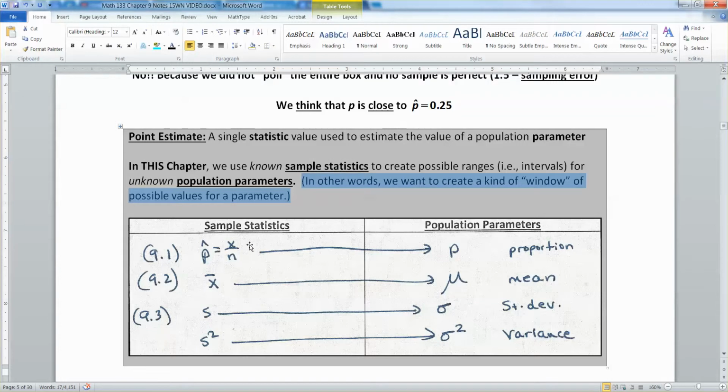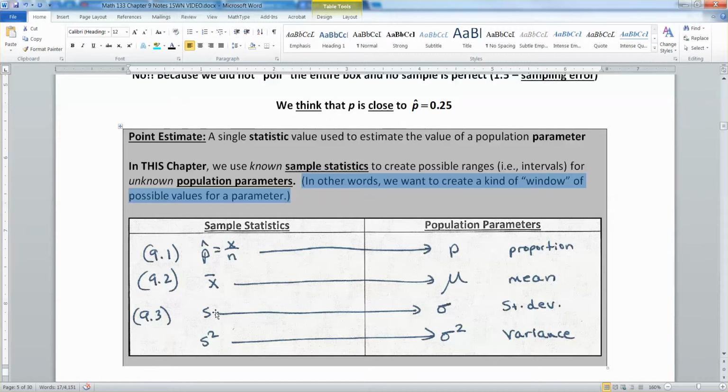So the sample statistic we've used is p hat, which is x over n. So you take p hat and then you build an interval from it and you think p is going to fall in that interval. In section 9.2, we're going to take x bar, we're going to build an interval from x bar, and then we think that mu will fall in that interval, mu being the population mean, p being proportion.